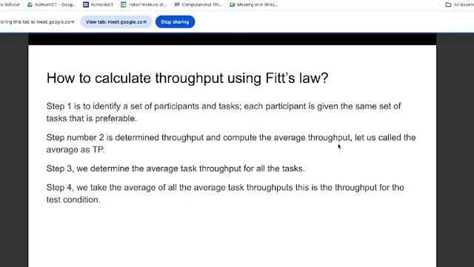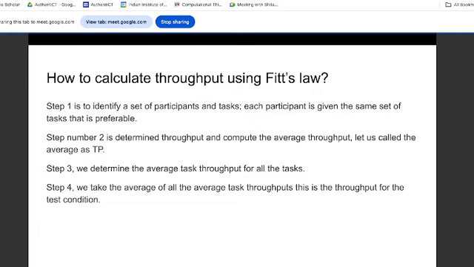We will calculate the average of ID upon MT for each individual person. For everyone the MT is going to be different and the ID is going to be different for each person. That's why we have to calculate the average of the throughput, and we will call this average TP.